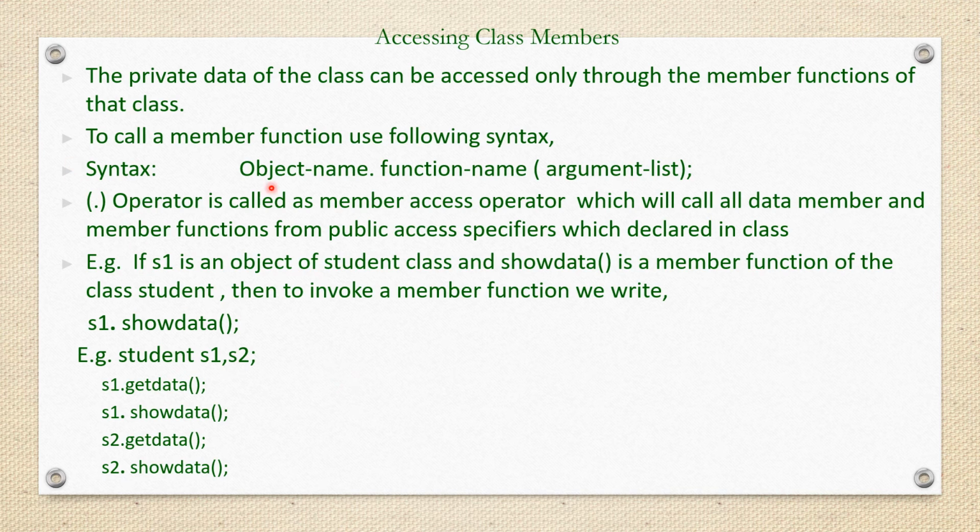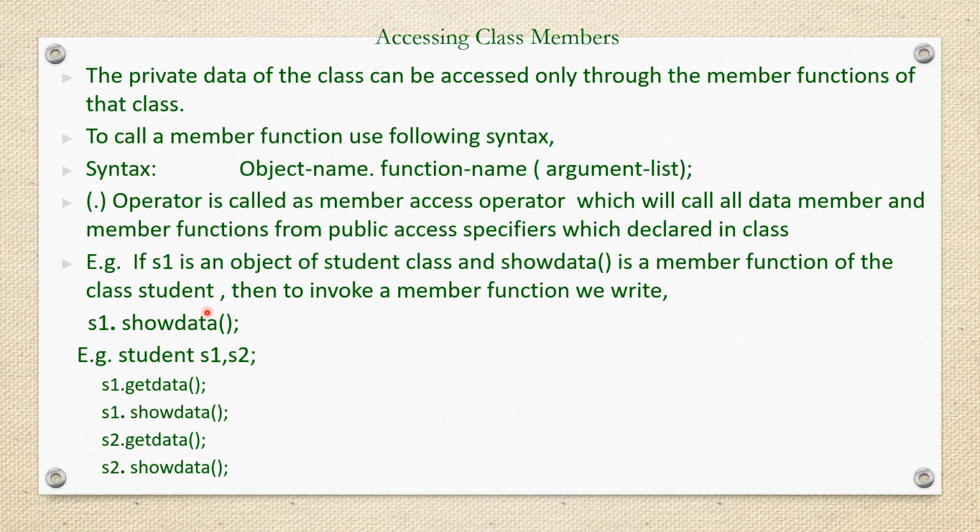Now with the help of which operator will you call the member function? As in a structure you access the data members with the dot operator, the same case is with C++: we use the dot member access operator, which will call all the data members and member functions which you have declared in the public access specifier.